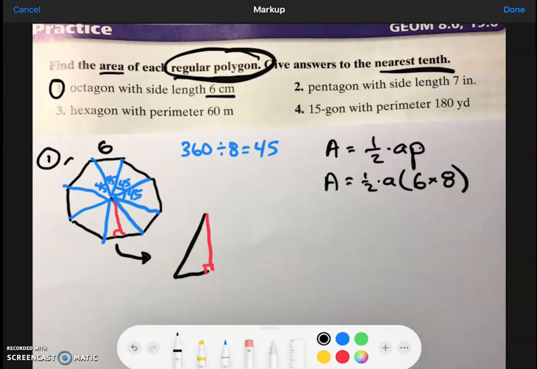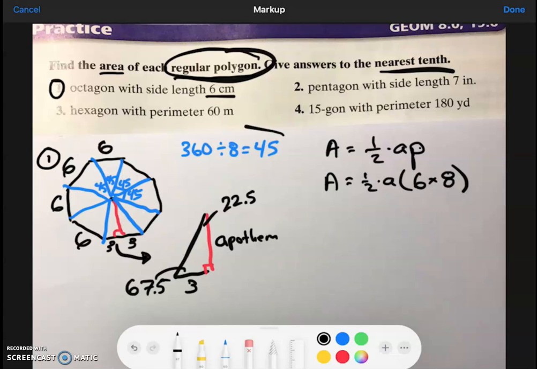The side length of 6 will get split into 3 and 3. So this here is 3. This angle of 45 gets split into 22.5. 45 divided by 2 is 22.5, and this is 67.5. And our job here is to figure out the apothem. And you're going to need trig.